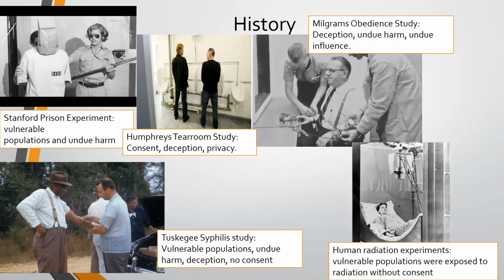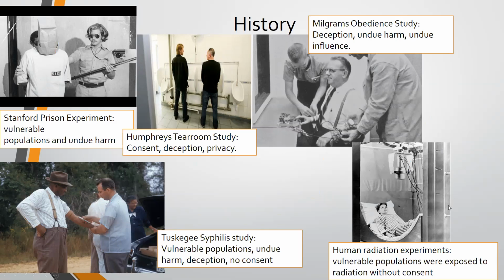The issue was they didn't tell this population what they were doing, and after the cure for syphilis came out, which was just antibiotics, penicillin, they didn't tell them that the cure was available, and they didn't give it to them because they wanted to see what happened to the illness over time. And so they caused these participants undue harm and unnecessary deception on the part of the researcher.